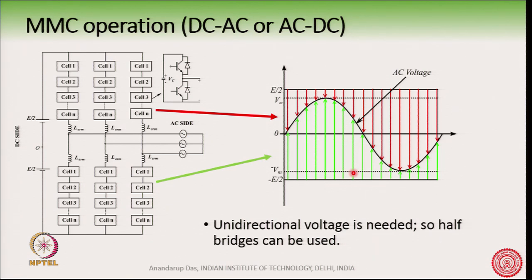So, we said that you can think of the converter both ways: you can think of an AC source present, and then you want to produce a DC, which is the rectifier mode of operation, or if you have a DC and you want to produce a variable AC, then it becomes the inverter mode of operation.